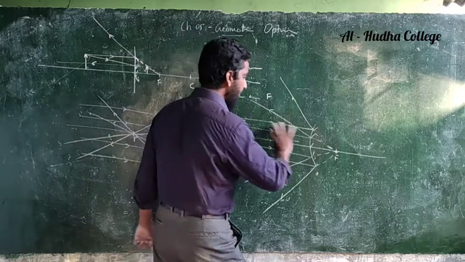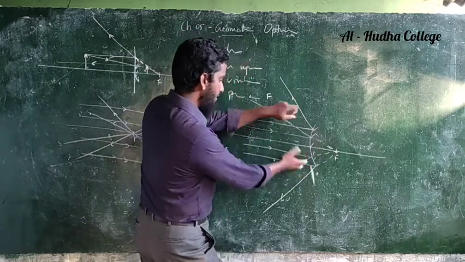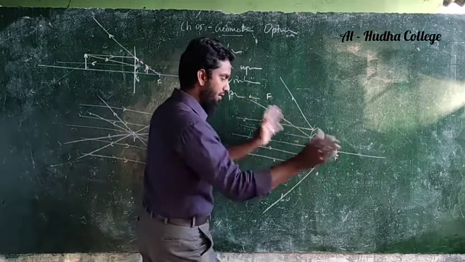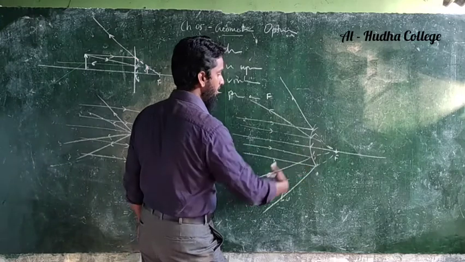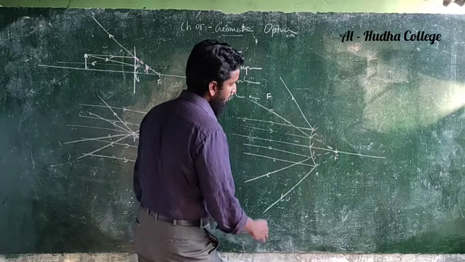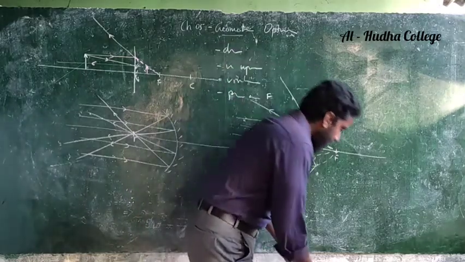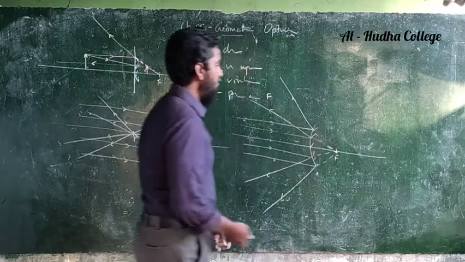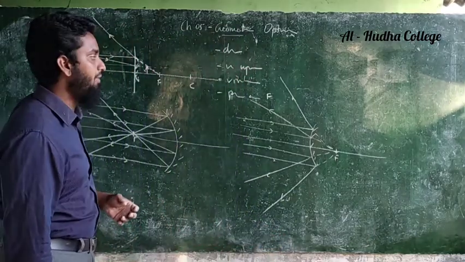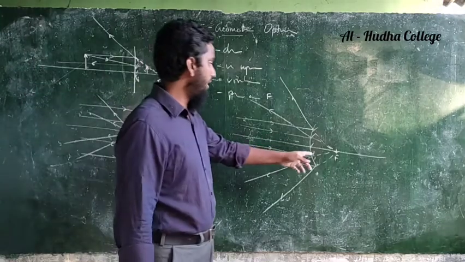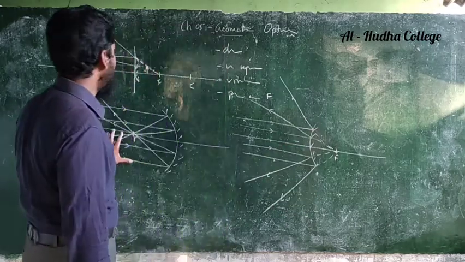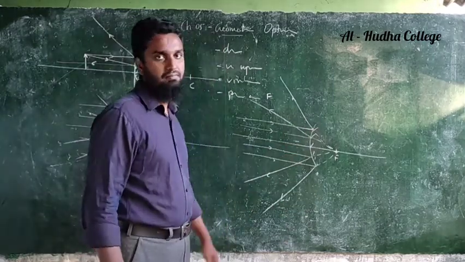The rays which are coming parallel have been diverged, spread, and sent away. Therefore, this mirror is known as the divergent mirror. This is the converging mirror, and this is the diverging mirror.